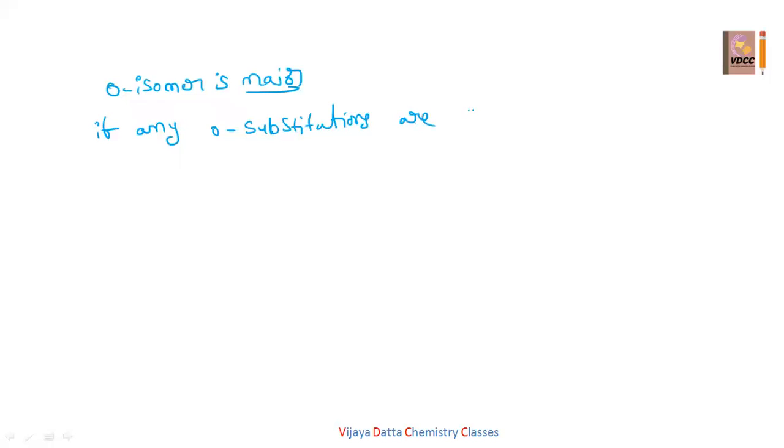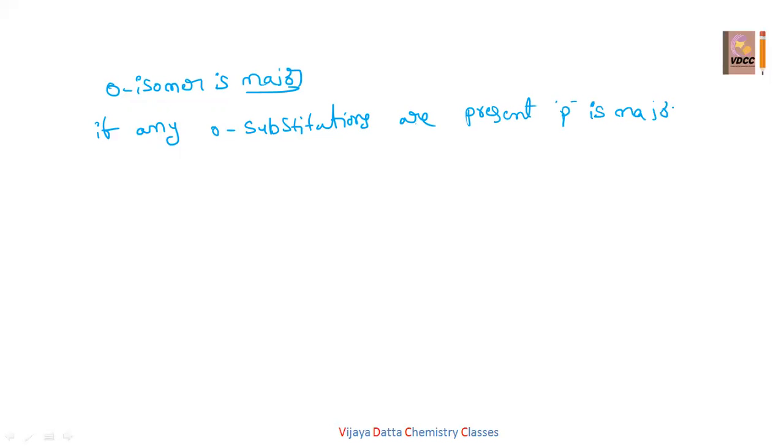Till now the ortho isomer is major, but if any ortho substituents are present, para is the major.